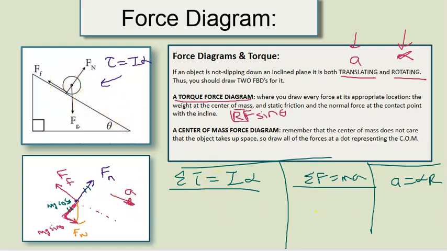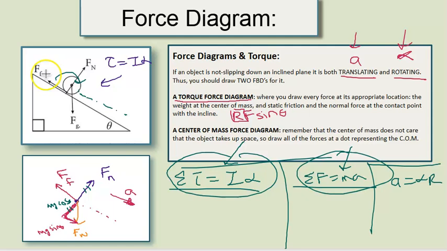Let me just set up all these columns so I don't get sucked into only thinking about the linear or only thinking about the rotational and then feeling frustrated. As soon as you realize this thing is translating, oh, let me set up this column. This thing is also rotating. Let me set up this column. It is not slipping. Let me set up this column.